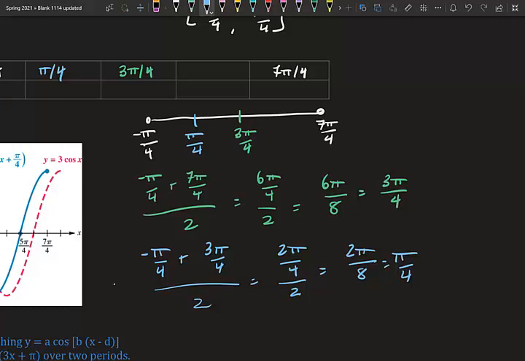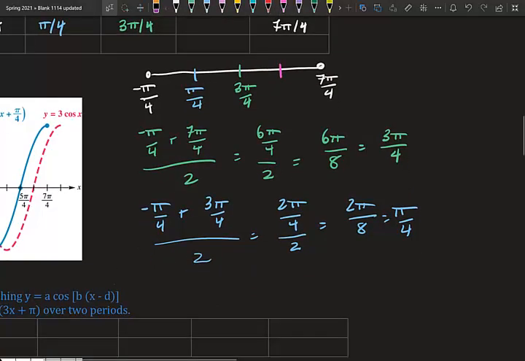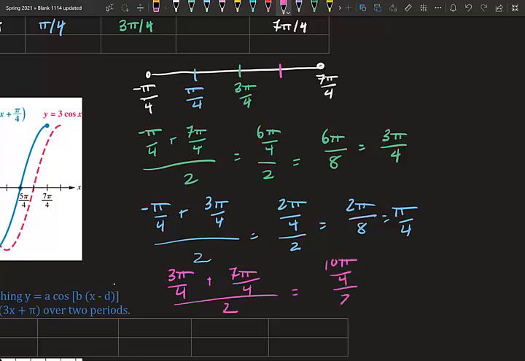Alright, let's keep going. Our last quarter point. We have 3 pi over 4 plus 7 pi over 4, divided by 2. So that's 10 pi over 4 divided by 2. That's 10 pi over 8, which is 5 pi over 4.